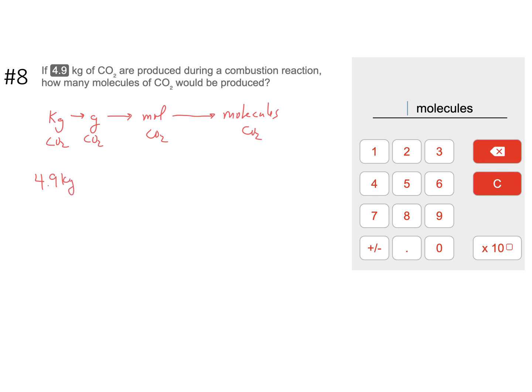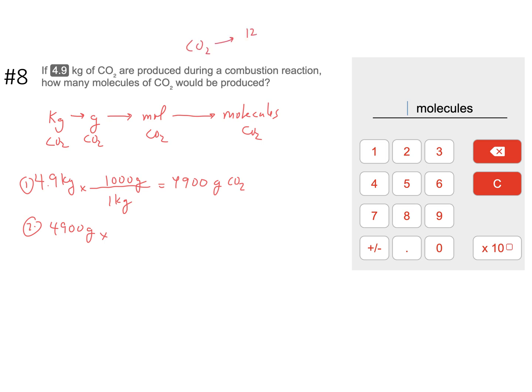So for that calculation, 4.9 kilograms, and I know for every 1 kilogram, I've got 1,000 grams. So I'm looking at 4,900 grams of CO2. That's step 1. Step 2: carbon dioxide.